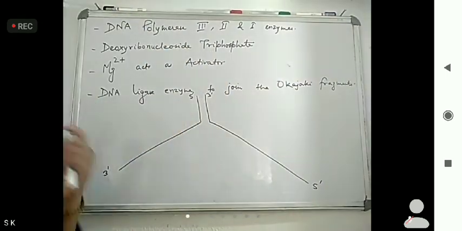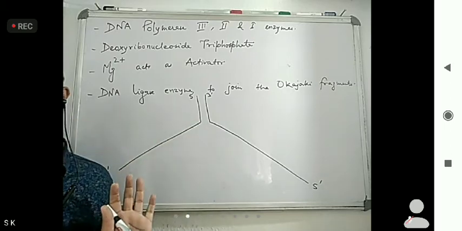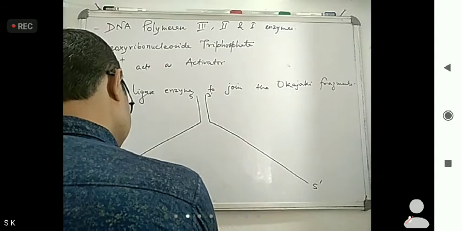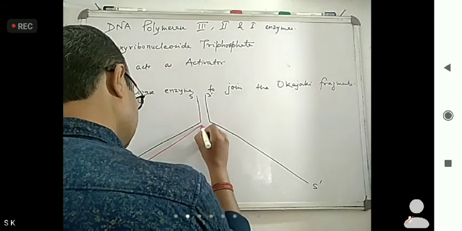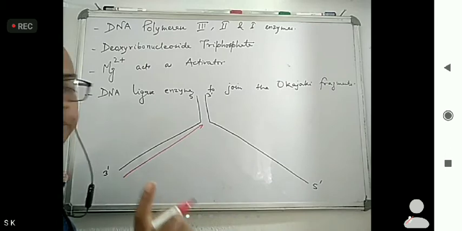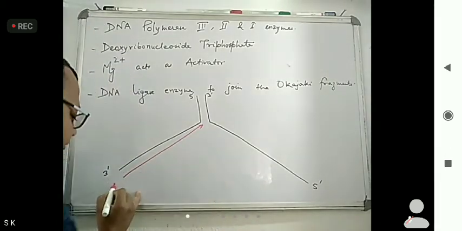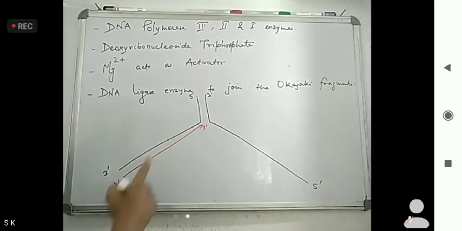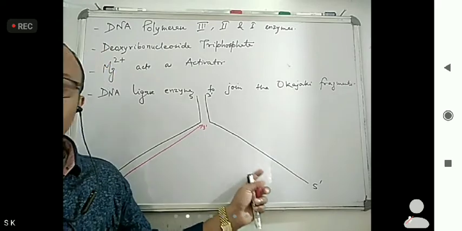Now this is the parental DNA. Here the formation of DNA takes place continuously. In which direction? This is 5 prime, this is 3 prime.